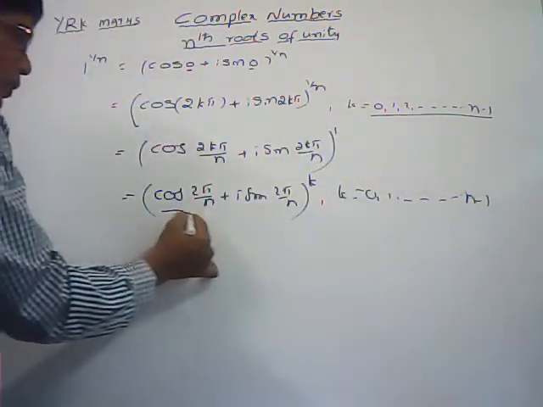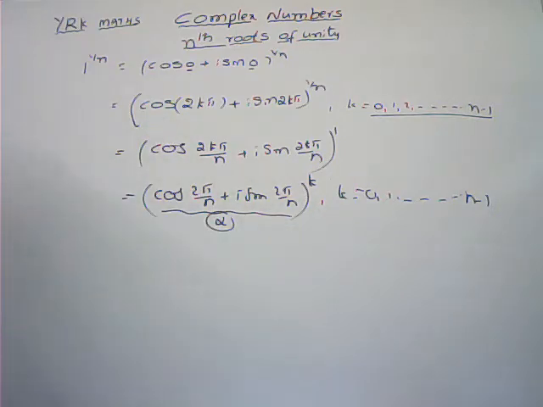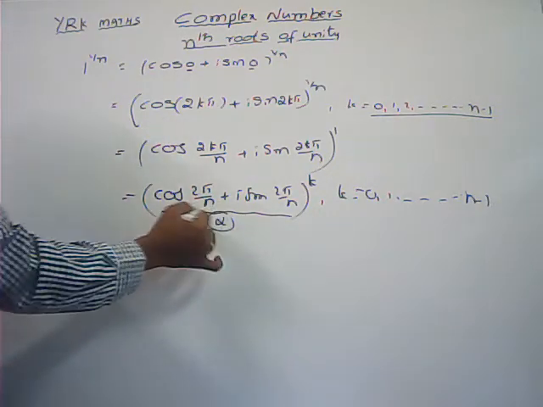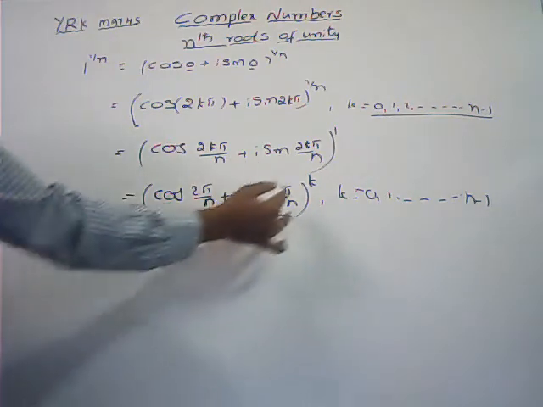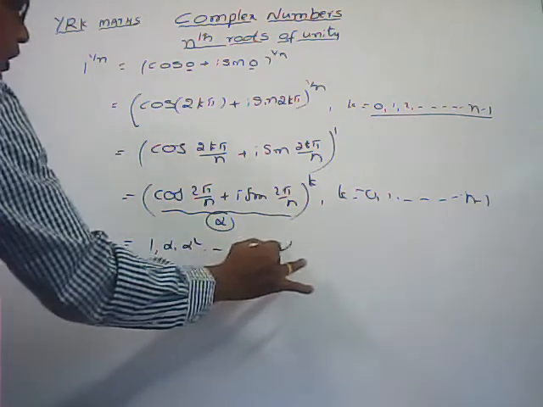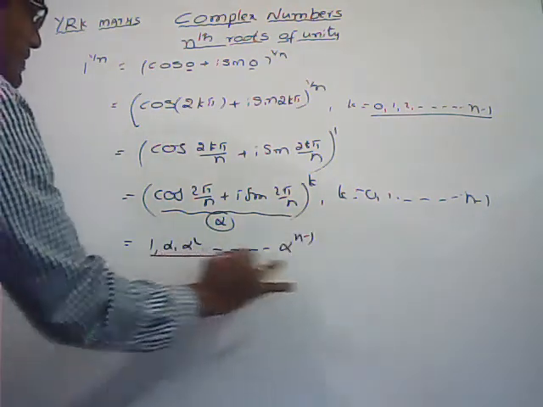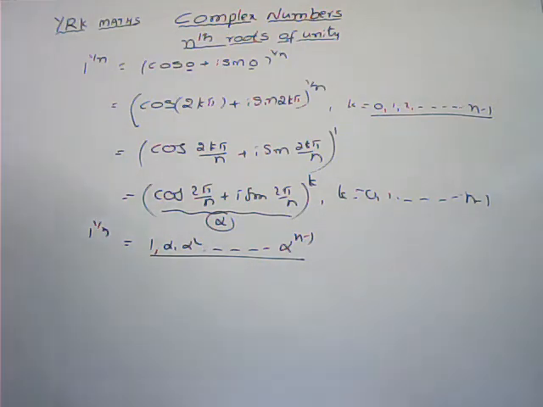What is in the bracket, I am taking as alpha. For k equal to 0, anything to the power 0 is 1. For k equal to 1, we get alpha, then alpha square, and so on, up to alpha power n minus 1. These are the nth roots of unity: 1, alpha, alpha square, and so on, alpha power n minus 1.